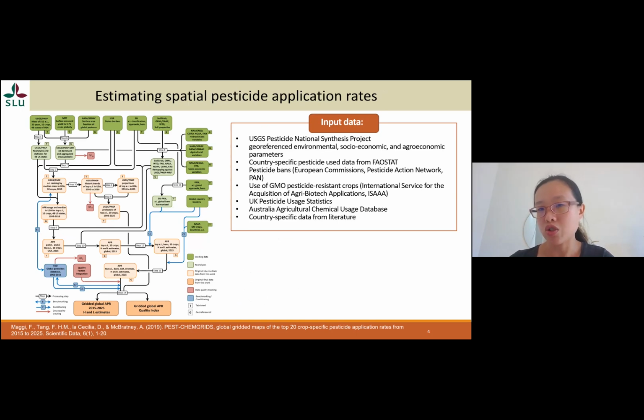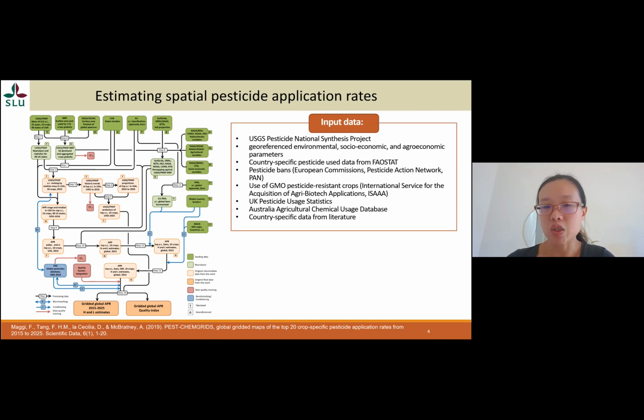Then we constrain our estimate based on country-specific data from FAO, and we also condition it on information about pesticide bans and the approval of the use of pesticide-resistant GMO crops. We then benchmark our estimates against some publicly available national pesticide use databases, and we also get some country-specific data from the literature.